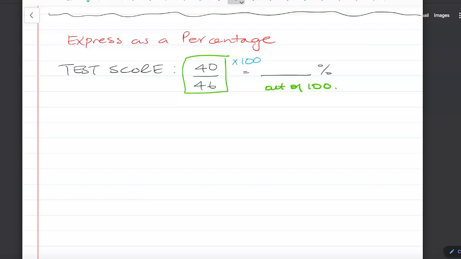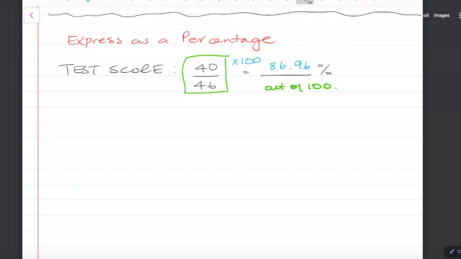Now if we have a calculator, this would be very easy to do. 40 divided by 46 gives us a decimal, which is not very nice, 0.8695, etc. But if we times that by 100, it tells us we've got 86.96%. So we just want to get 100 times that, so it's out of 100.